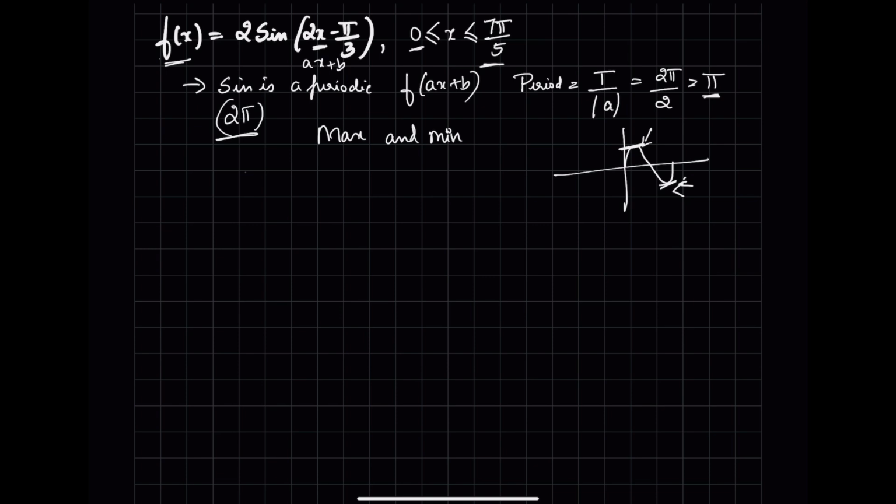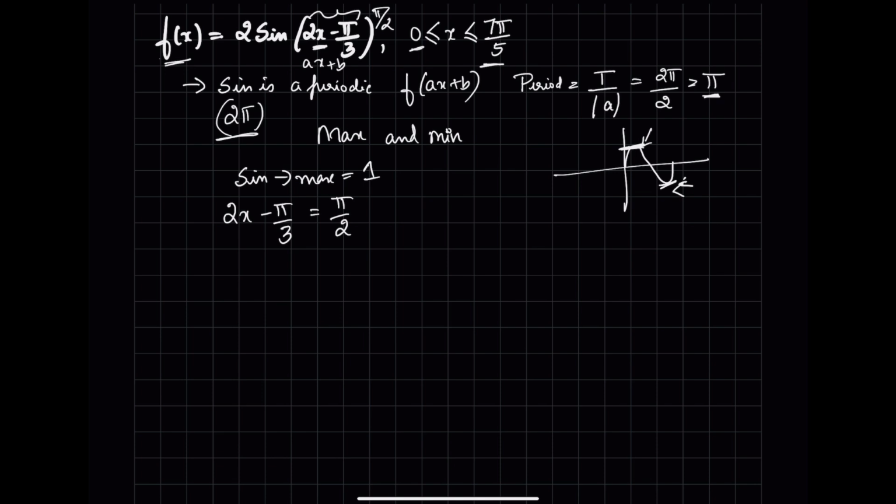What is the maximum value of sine? The maximum value is 1. So when can sine achieve the value of 1? When the argument is equal to π/2. So when 2x − π/3 is equal to π/2, that is when sine will achieve its maximum value, which is 1.